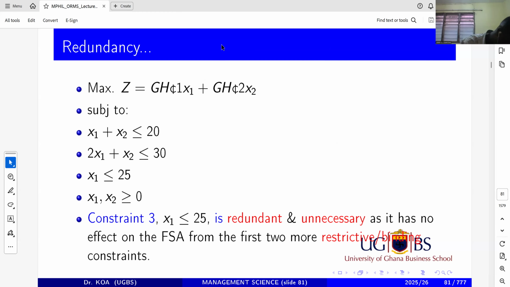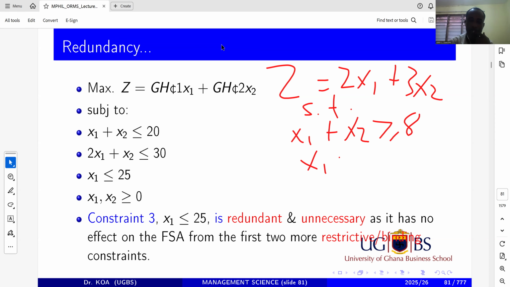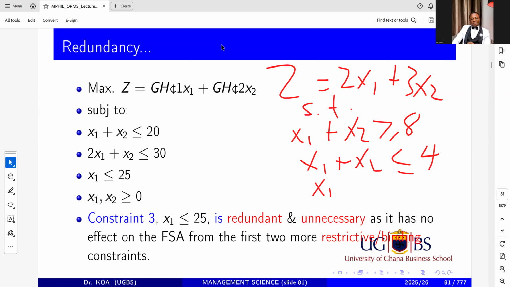So this is the last one. Be careful about it. So this is z equals 2x1 plus 3x2, subject to x1 plus x2 at least 8, x1 plus x2 at most 4, and x1, x2 positive.